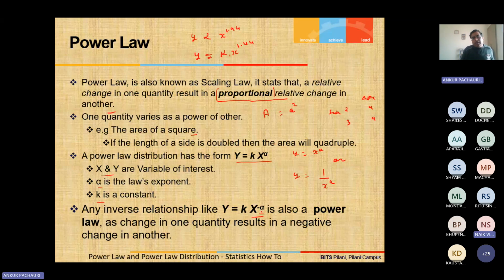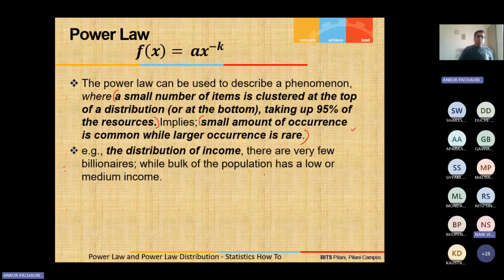Your doubt is clear. The power law should be written in this way, but just to take care of positive proportional and negative proportional, we can say this is the generalized form.